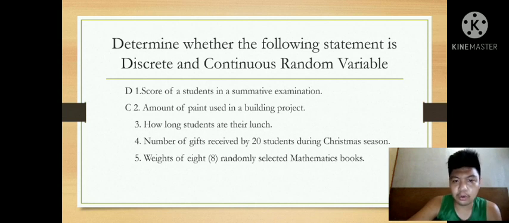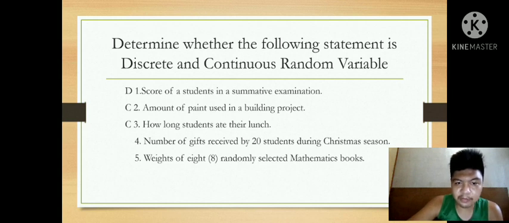How long? Continuous. Number of gifts received by 20 students during Christmas season. Number of gifts. Number is discrete. Number 5, weight of 8 randomly selected mathematics books. Weight. What is weight? Continuous.